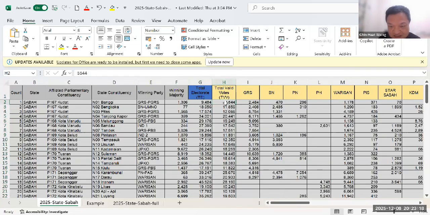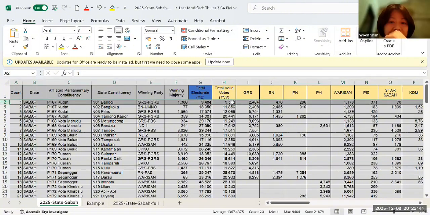Okay. Just now, someone gave me the number 5544 minus 2484. What do you get? 3060. 3060 divided by 5544 is 55%, yes. So how can you interpret to me what it means? 55% in Bangi?